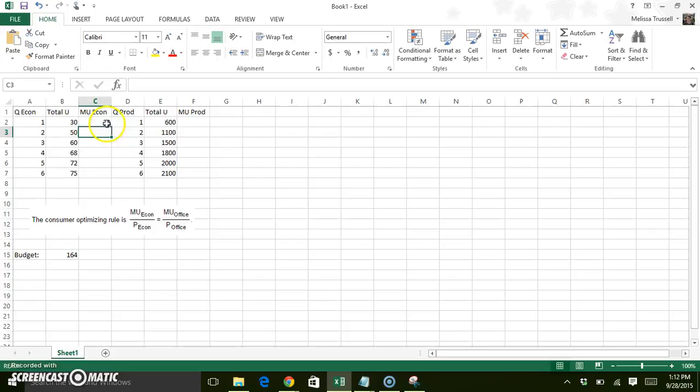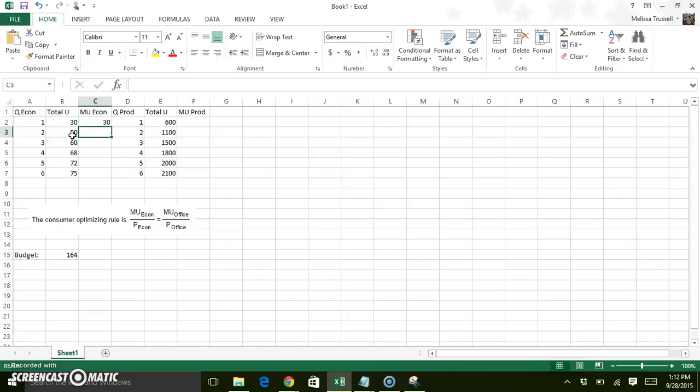Now, to figure out the marginal utility for our second unit, we'll look at the total utility, which is 50, and subtract the utility that we already had from just having 1, and that will tell us how much we get from adding an additional econ subscription. So here we have 50 total utility from having 2 subscriptions, but we only had 30 from having 1 subscription.